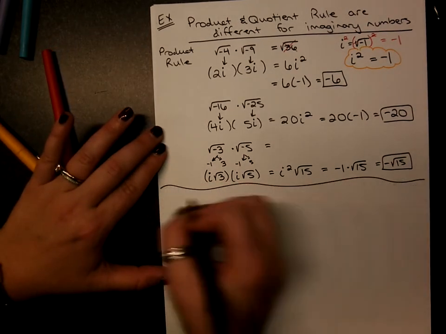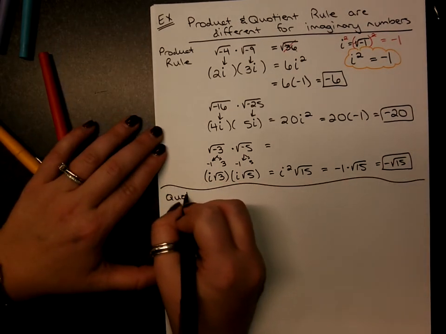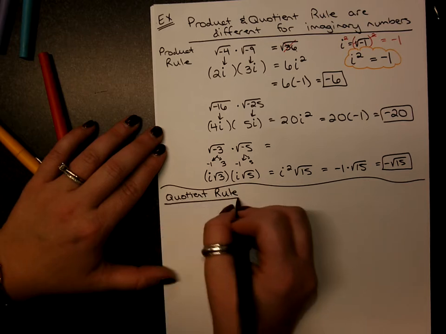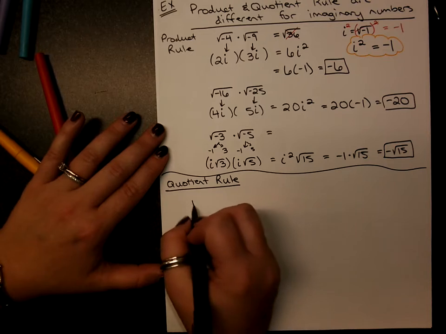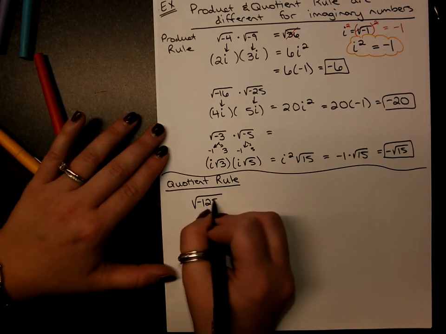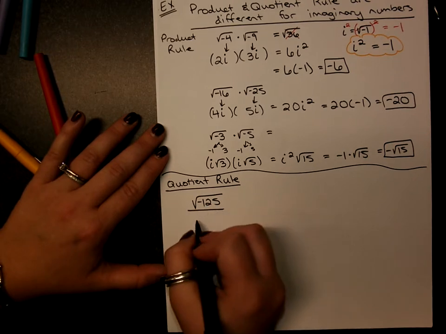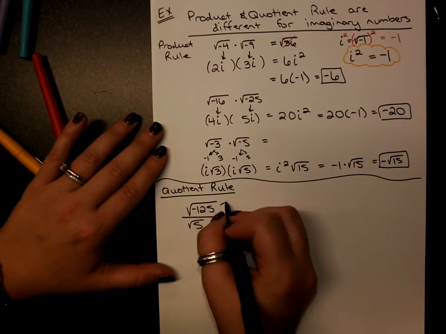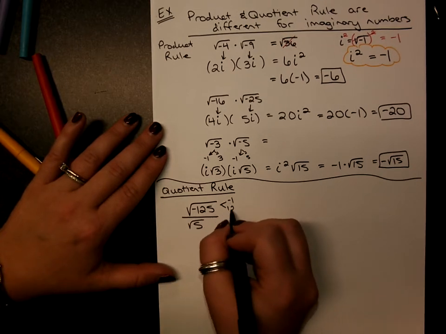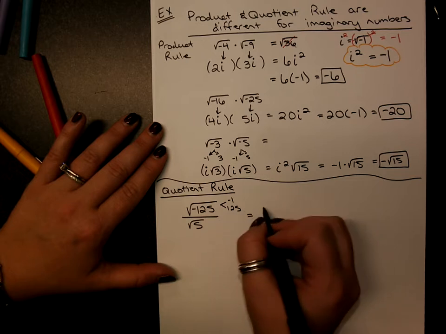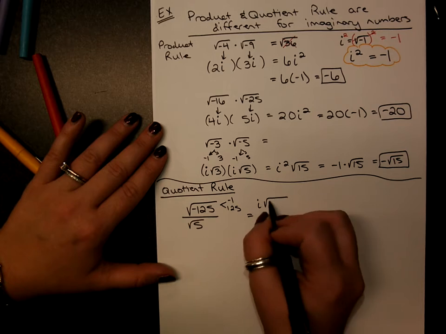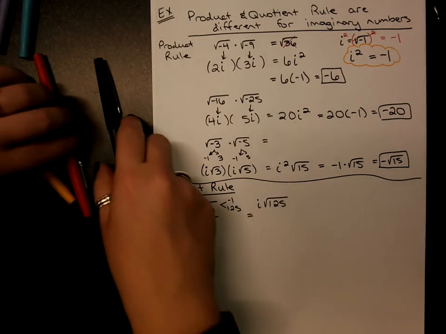So same idea with the quotient rule. If I have the square root of negative 125 divided by the square root of positive 5, before I get started, I'm going to separate this out into negative 1 and 125. The negative 1 is going to become i radical 125.